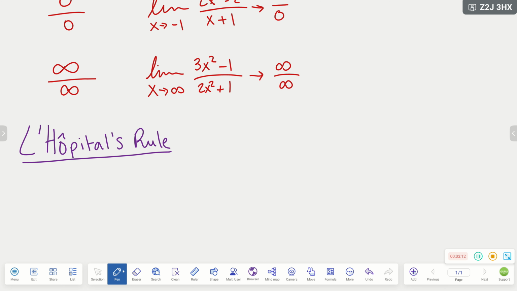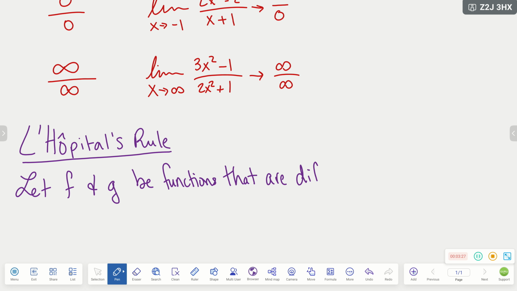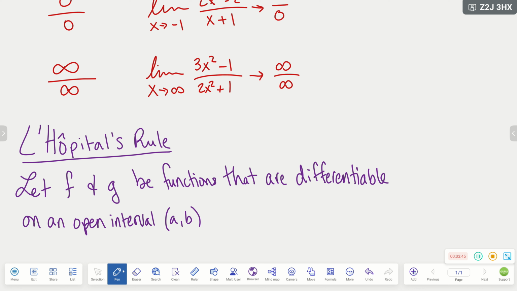The rule is: let f and g be functions that are differentiable on an open interval a to b containing c, except possibly c itself.